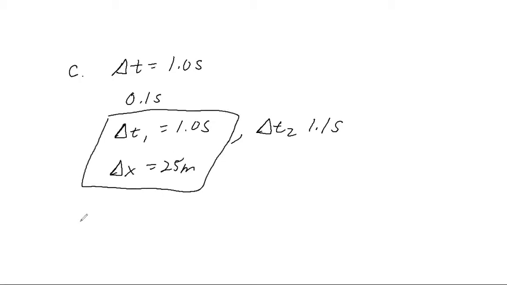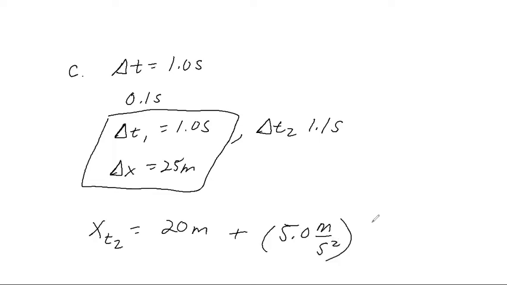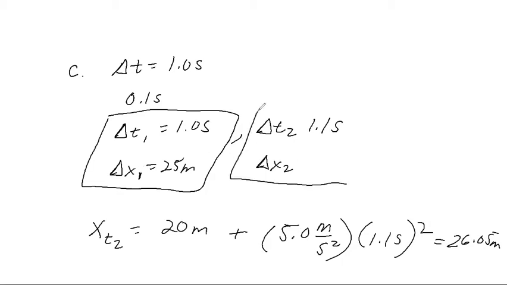And now to solve for the next, we're going to get x at t2 equals 20 meters plus 5.0 meters per second squared times 1.1 seconds quantity squared. And our answer is going to be 26.05 meters. So we'll call this x2, and that x2 is going to be 26.05 meters.